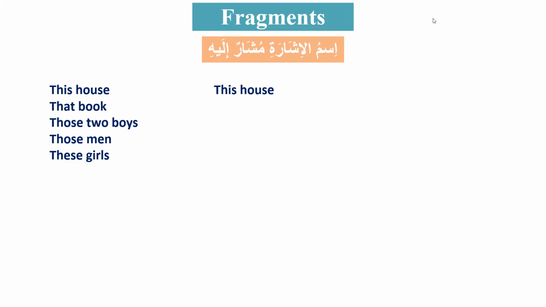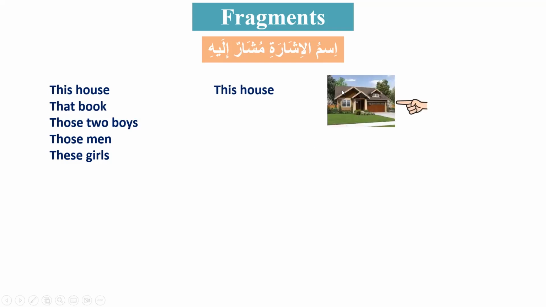This house. And when you say this house, you are pointing to a house. For example, see, this is a house and you are pointing to it.